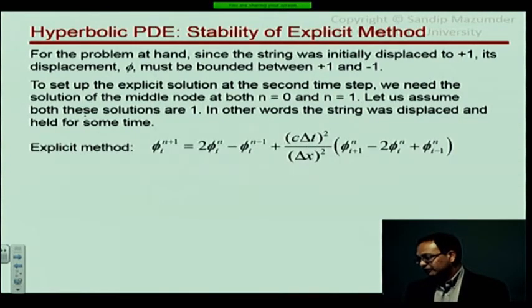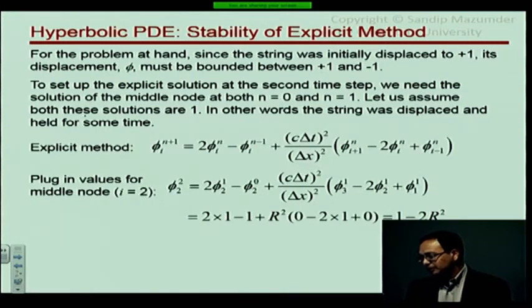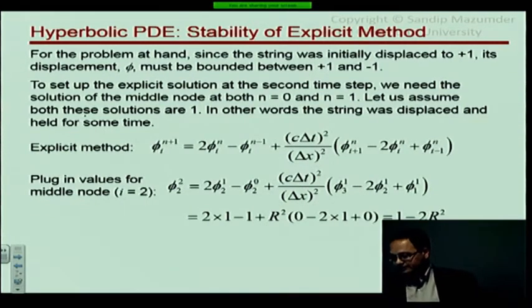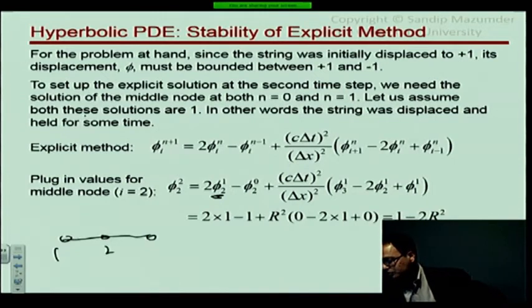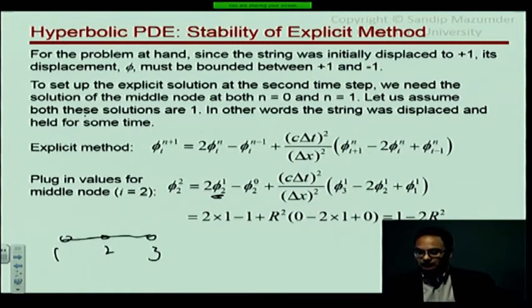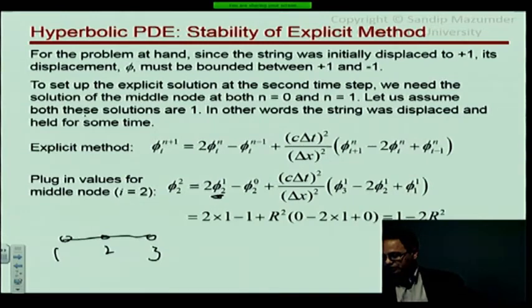So if we now plug in those conditions here, you basically get something like this. So phi2, 2 being, my nodes are numbered like this: 1, 2, 3. So this is phi2 at time step 1. That is equal to 1 as described here.